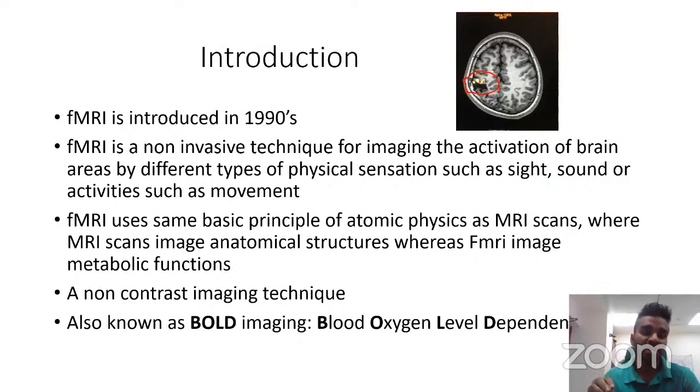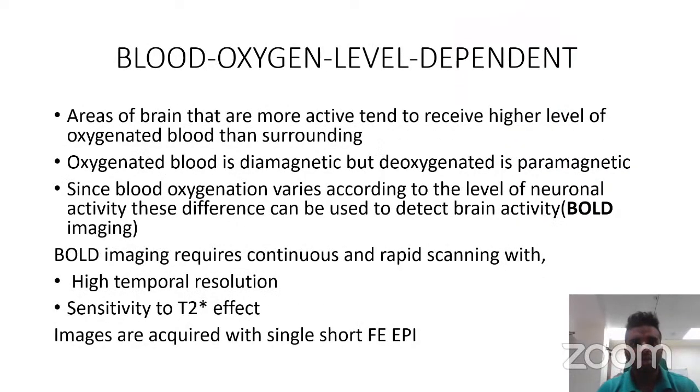For a specific activity, the region which controls it gets more blood and more oxygen. So this is purely dependent upon the blood oxygen level which ultimately reaches that point of the brain. That is why fMRI is also known as blood imaging.